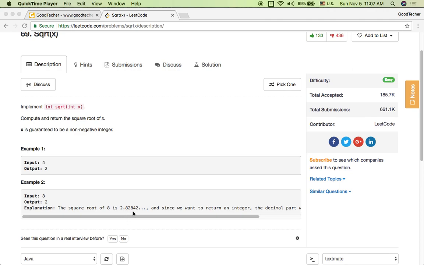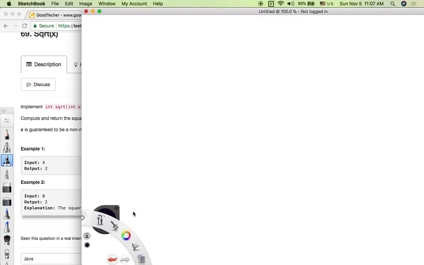Here I'm going to show you how to find a solution to solve the square root problem. Our goal is to find the square root of x, and in the math formula it will be like this. Suppose y is the square root of x. So x is equal to y squared, and our goal is to find this y.